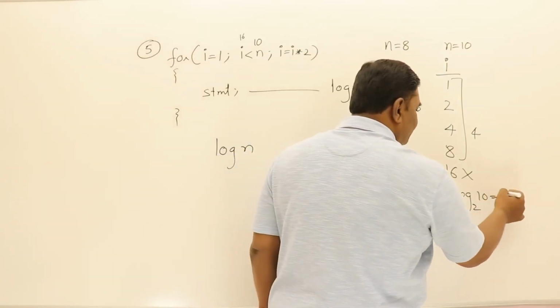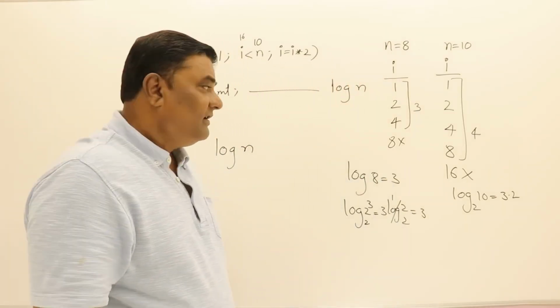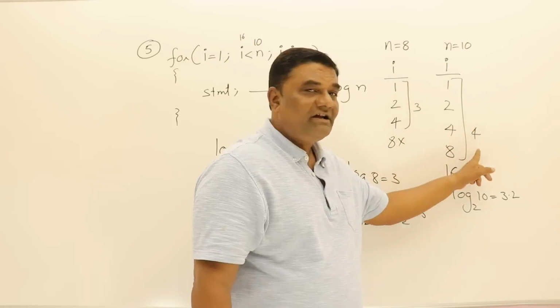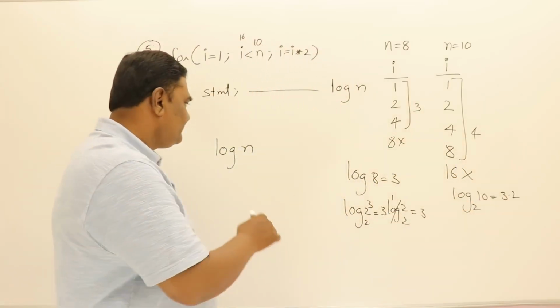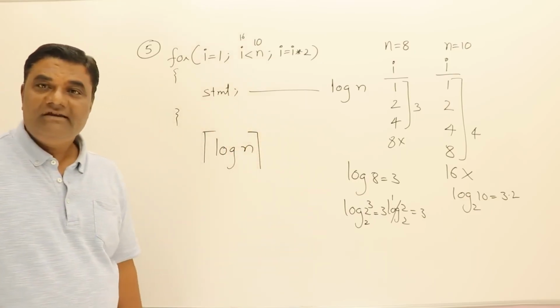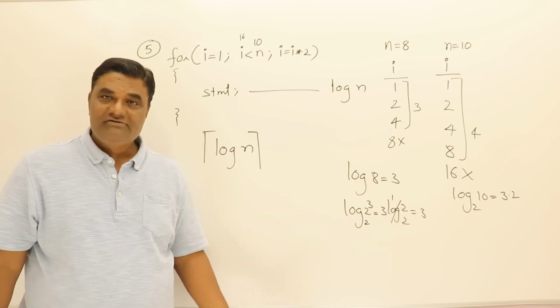So let us take an example, 3.2. I got 3.2, but if you see, the number of times repeated is 4 times, so it should be taken as the ceil value. So this log should be taken as ceil. When you use log, sometimes whether it is ceil or floor is also important.